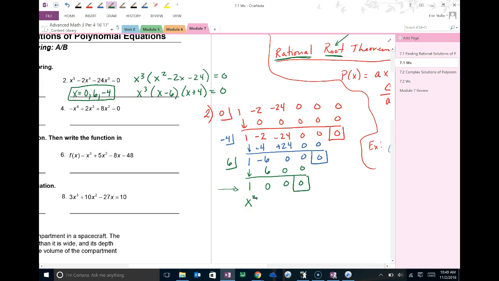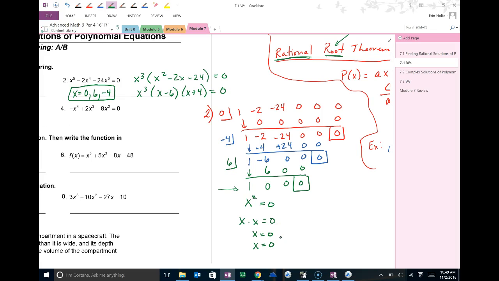So if I said x squared equals 0, would everybody agree that x squared is the same as x times x? So x can be 0 or x can be 0. See what I mean by that?